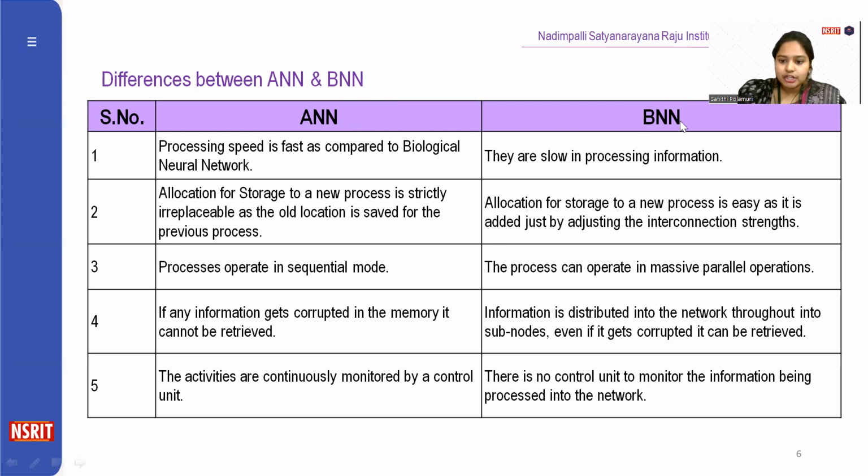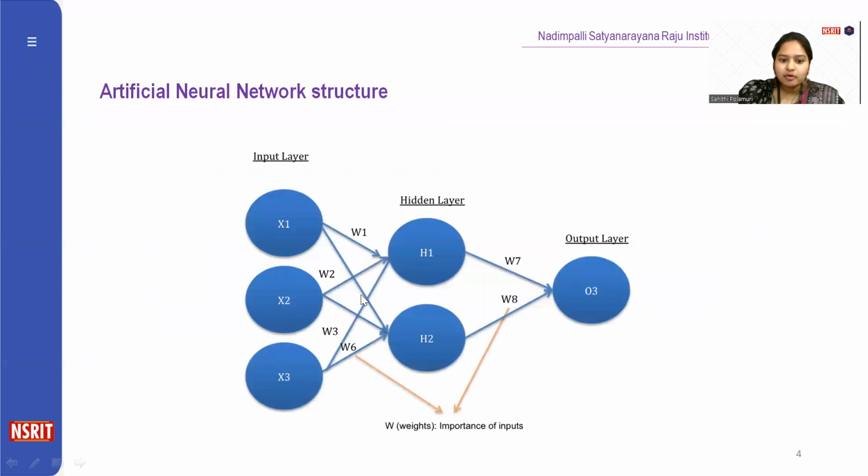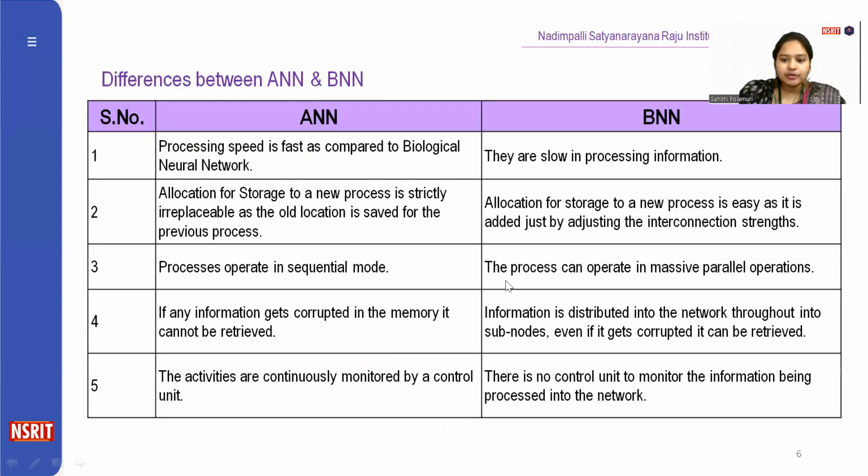Then in biological neural networks, the processes happen in a parallel way. Whereas in artificial neural networks, as you can see in this diagram, all the processes happen in sequential mode only, not in parallel mode. In biological neural networks, all the processing is done in parallel mode. Also, in biological neural networks, even if any information gets corrupted, it can be retrieved.